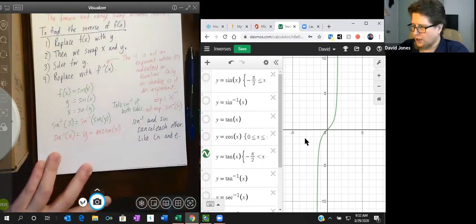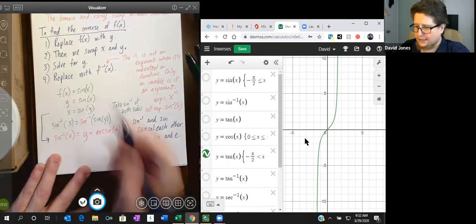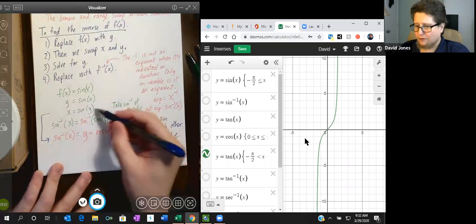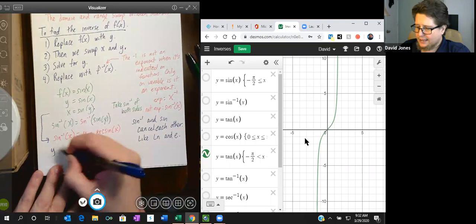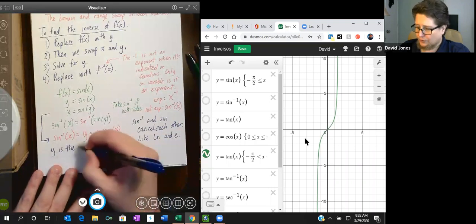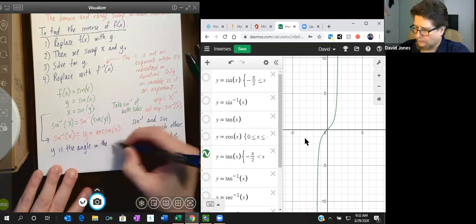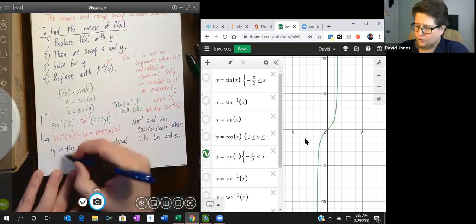So we started with x equals sine y. We end up with this. What this says, notice if we look at it from here, y is the angle in the interval whose sine value is x.